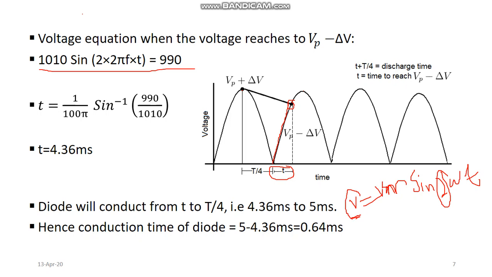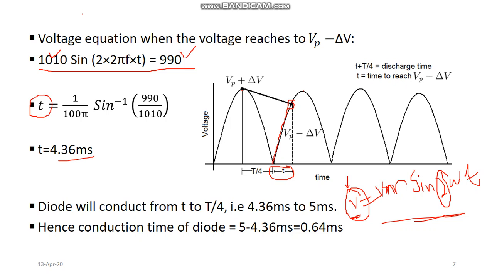So this is the V, the point at which I want to reach, that is 990 volt, and Vm is the maximum value, which is 1010 volt. So from this equation I can calculate the time corresponding to this equation. This time comes out to be 4.36 millisecond.